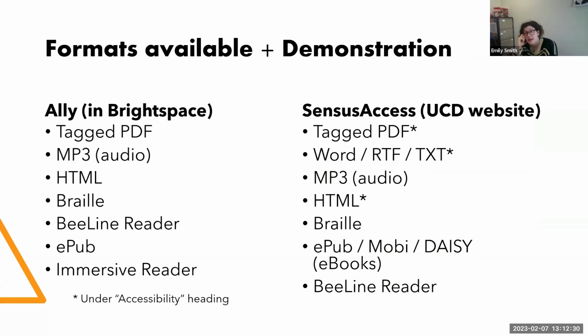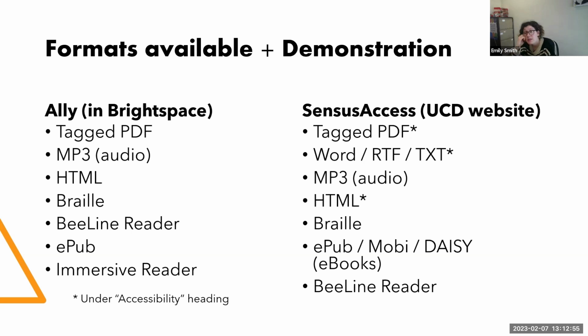And then we've got SensusAccess. So that would be for material that isn't currently on your Brightspace. So maybe you're doing your own reading for a project, or you find a journal article that you'd like to convert. And it does a lot more file types than Ally. So it does the likes of Word, rich text formats.